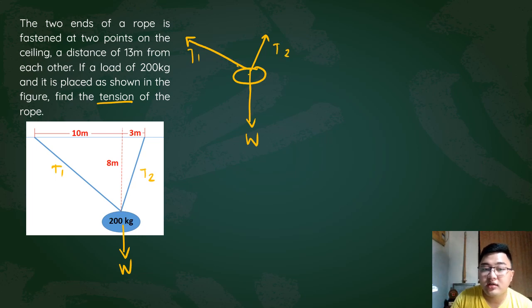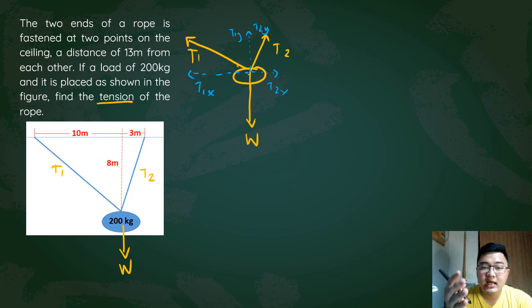Therefore, your tension 1 has components: T1x and also T2x, then you have your T1y and T2y. So those are our components.